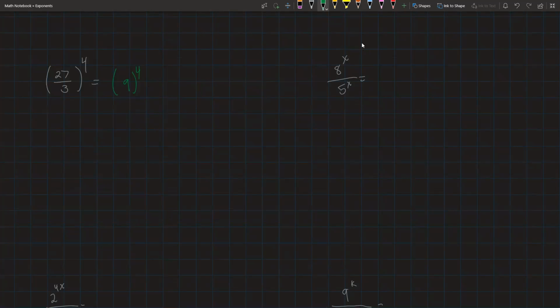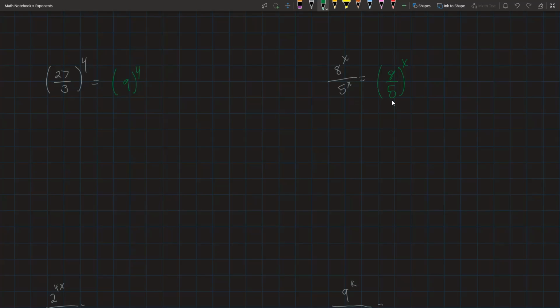But look, this one right here has an exponent of x, right? Bases are different, but 8 over 5 can't simplify, so I'm just going to write the alternate form, which is 8 over 5 in parentheses to the x. I think that's what we're going for, the alternate form. There we go.